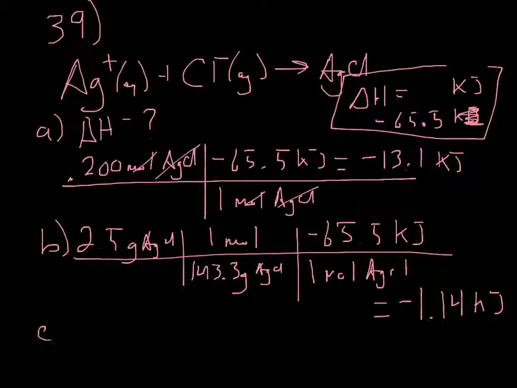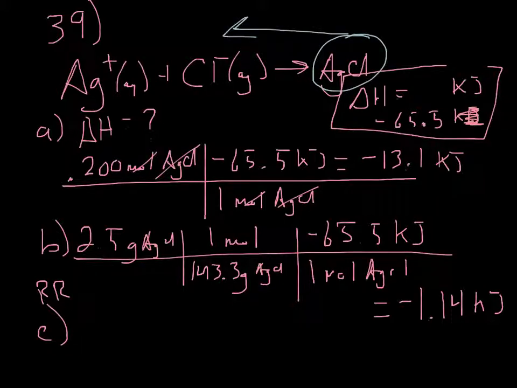Okay, and then C is another reverse reaction here, because as you read C, it wants to know what's going to happen when that goes that way. Okay, so we have to flip it.